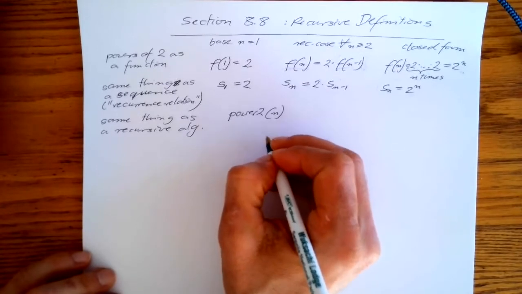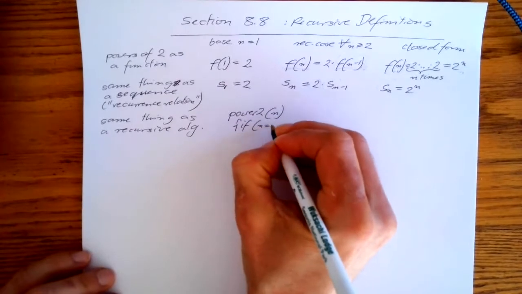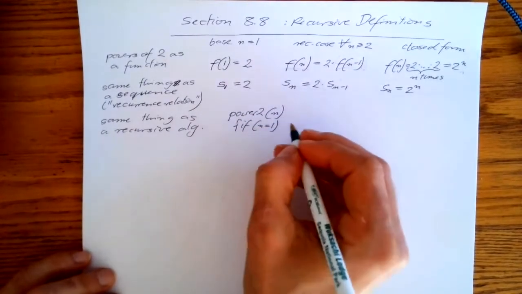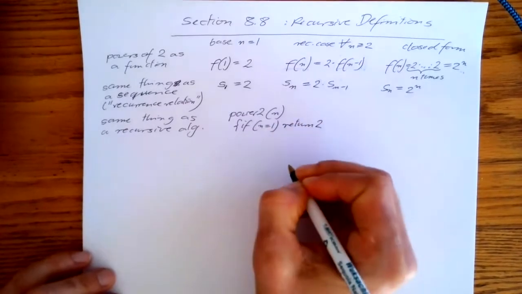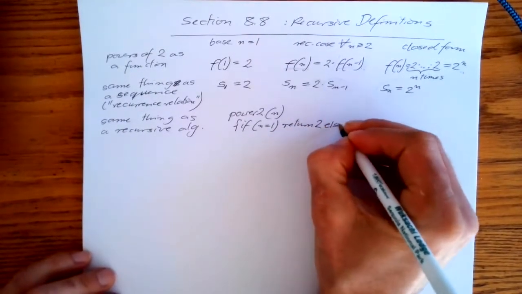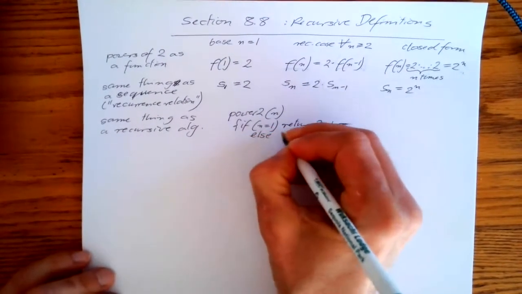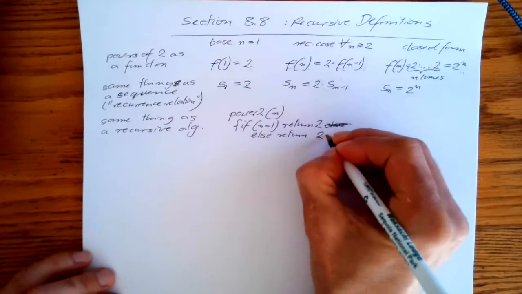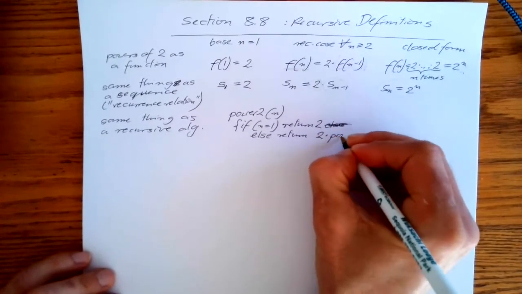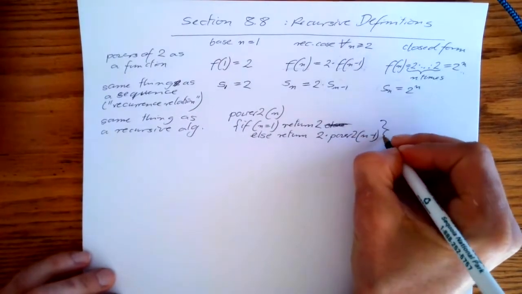What would it look like? Well, if n is 1, so we have hit the base case, we return 2, and else you return 2 times power2 of n minus 1, right?